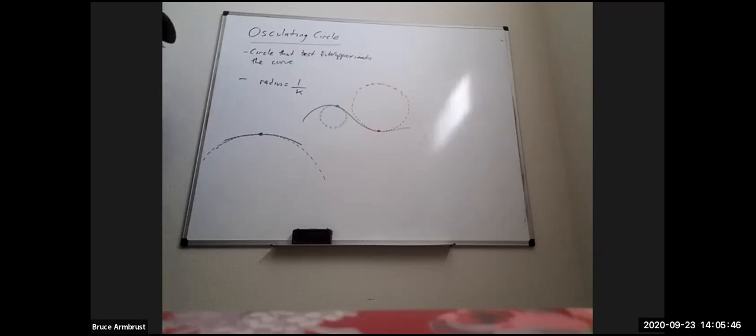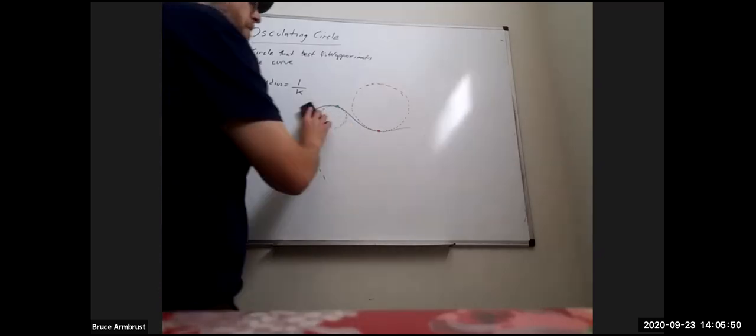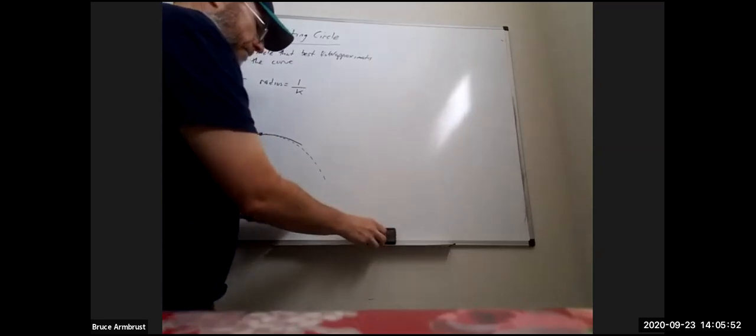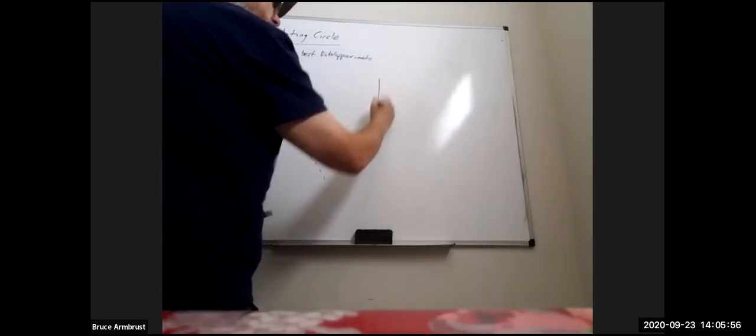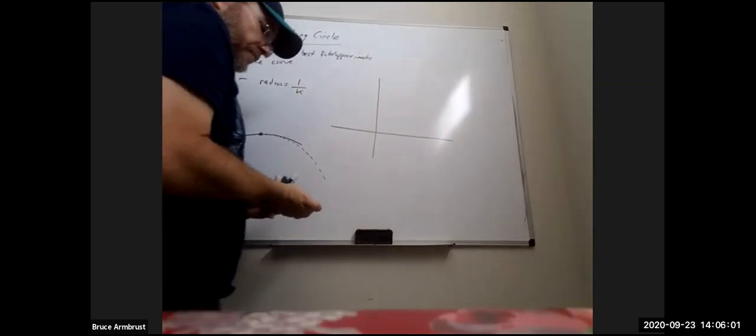So go back to some examples that we saw, like with cosine. Remember what we saw with cosine? The greatest curvature was when we were at peaks and troughs, and it was a curvature of 1. So let me draw cosine here.